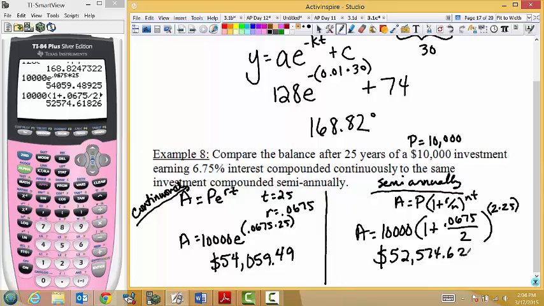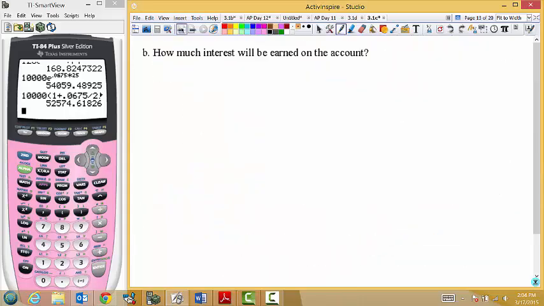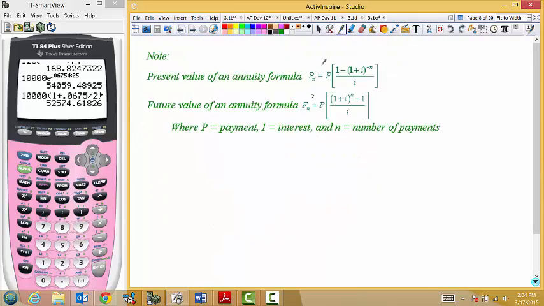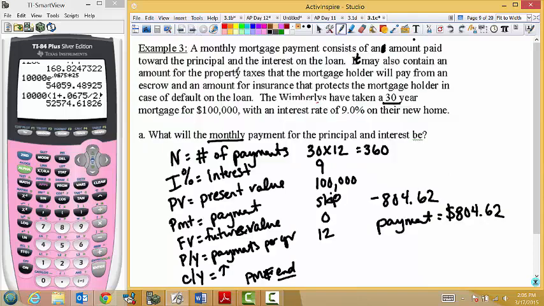Okay, so to sum it up, we did 1, 2, 3, 4, 5 different things. Let's go back through really fast. The first thing we did were annuities. These are the big nasty formulas: payment, interest, and the number of payments.